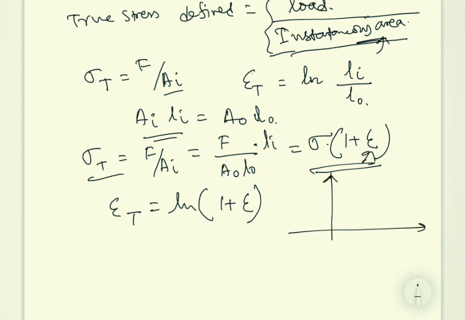So if I plot the stress strain diagram, we see this is true and this is engineering. Engineering stress is reducing here, but true stress is always increasing because we are always taking the instantaneous area.